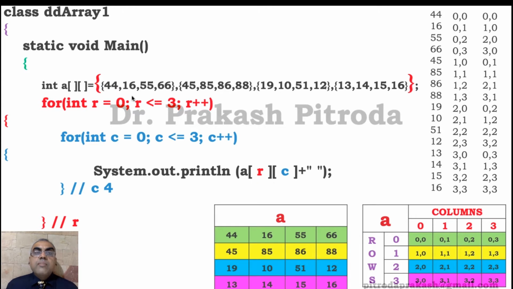Because it's a nested loop, in case you've not understood the nested loop, please go through it again. In the nested loop, we've learned how this generates the rows and columns put together: 0,0, 0,1, 0,2, 0,3, 1,0, 1,1, 1,2, 1,3, and so on.